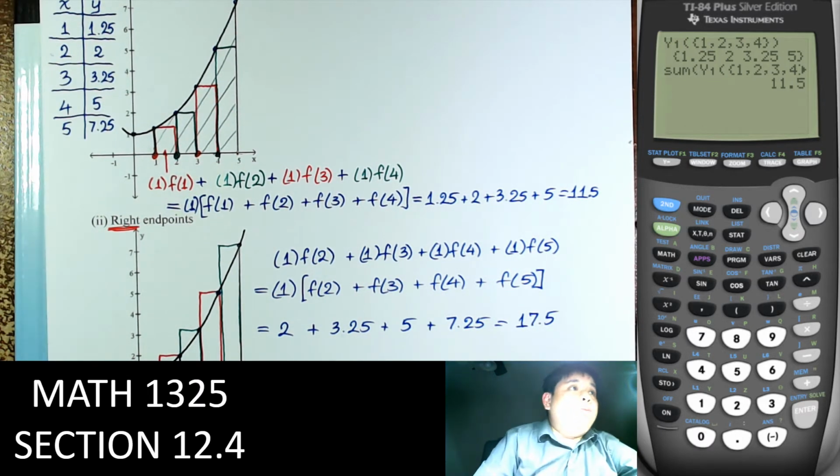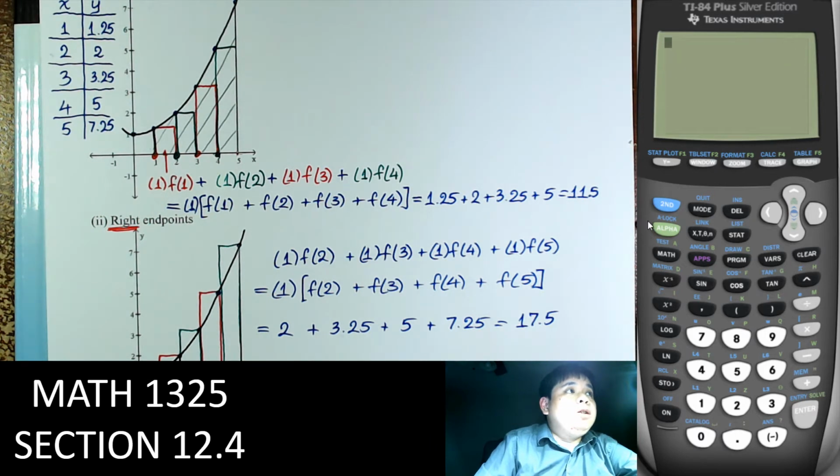Right. If we use a calculator, first, of course, y1 is still that function. Alpha trace y1. Now we will evaluate at 2, 3, 4, and 5. Close it. Right. Now second stat, go to math, option number 5.